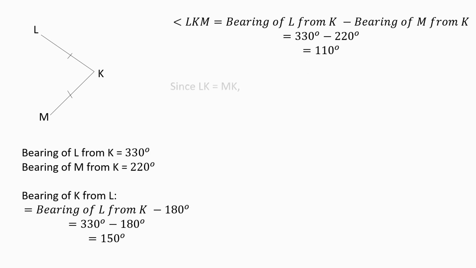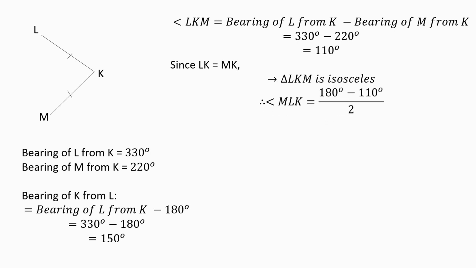Then remember that LK equals MK, since we've been told they are equidistant, and therefore they form a triangle LKM, which is an isosceles triangle. Since we have an isosceles triangle, to obtain angle MLK, we subtract 180 degrees minus angle LKM, divided by 2.